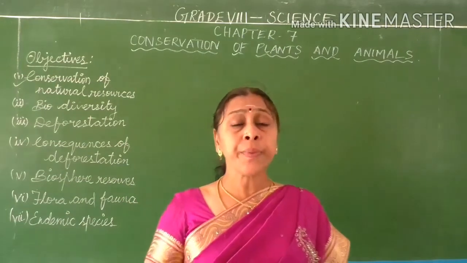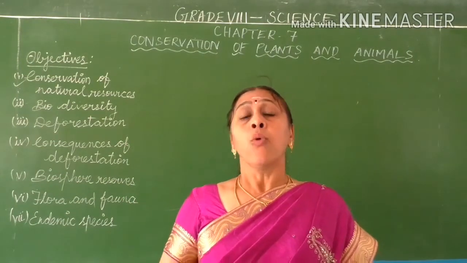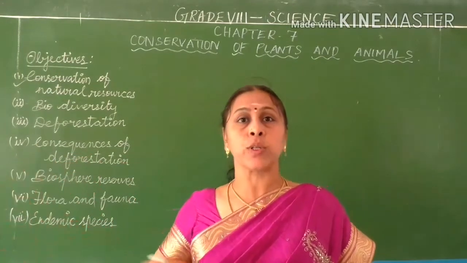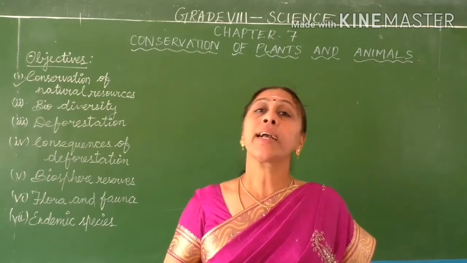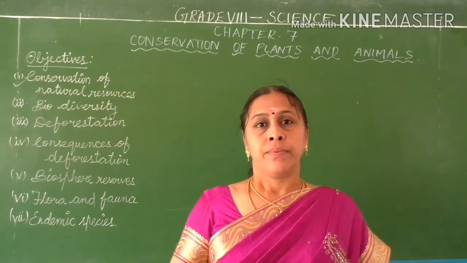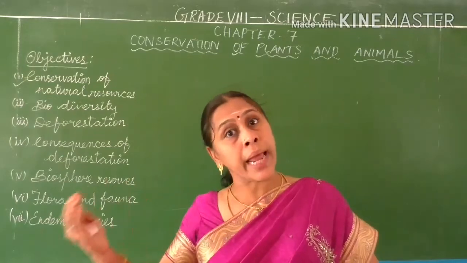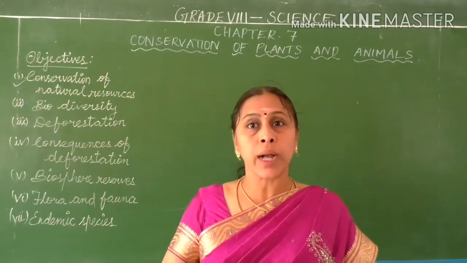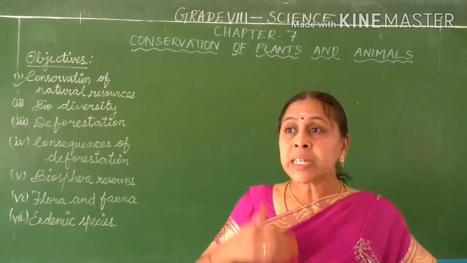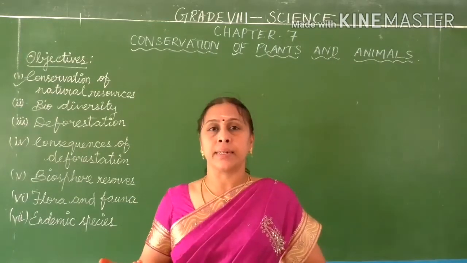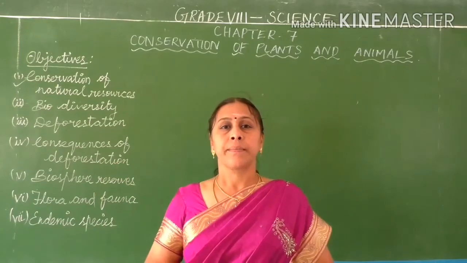So conservation means what? The wise and judicious use of natural resources is called conservation. Not only the living species but also the abiotic factors we have to conserve. As the population increases, the needs of the human race also increase.